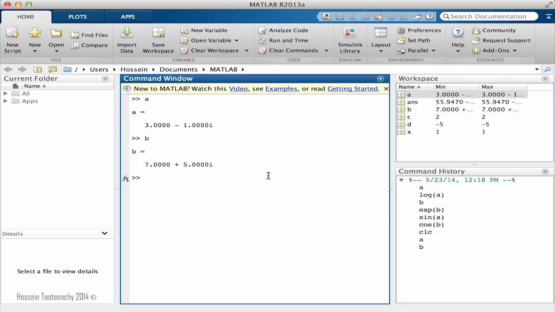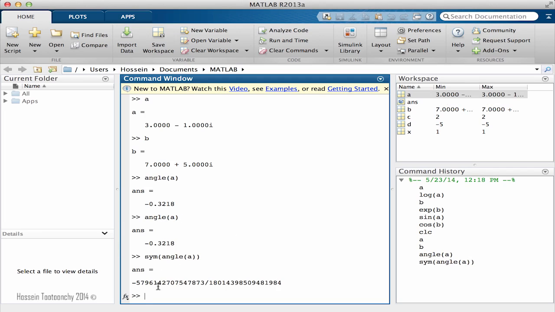We know these variables that we defined already, and I can find the angle of a, for instance, and the angle as we know is in radians. But if I type symbolic angle of a, and I literally put this function into a symbolic function, and if I do that, the result is going to return like this.